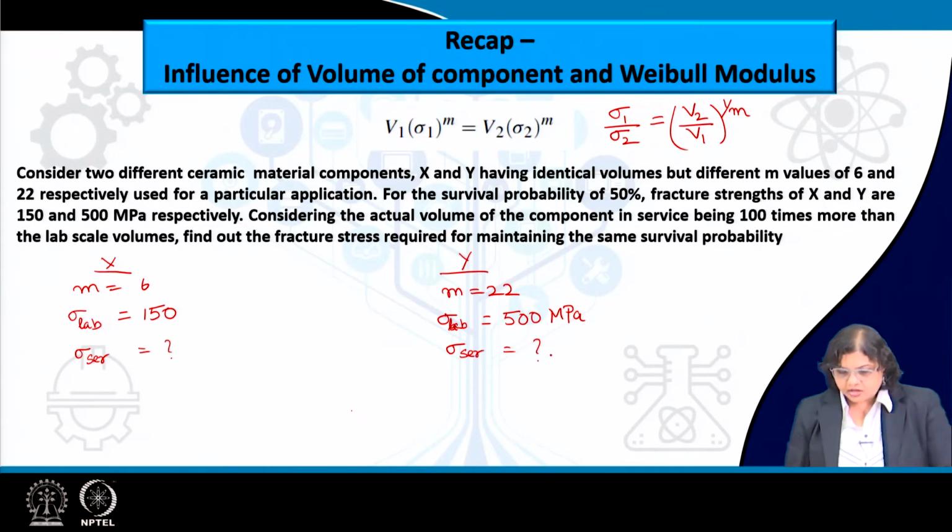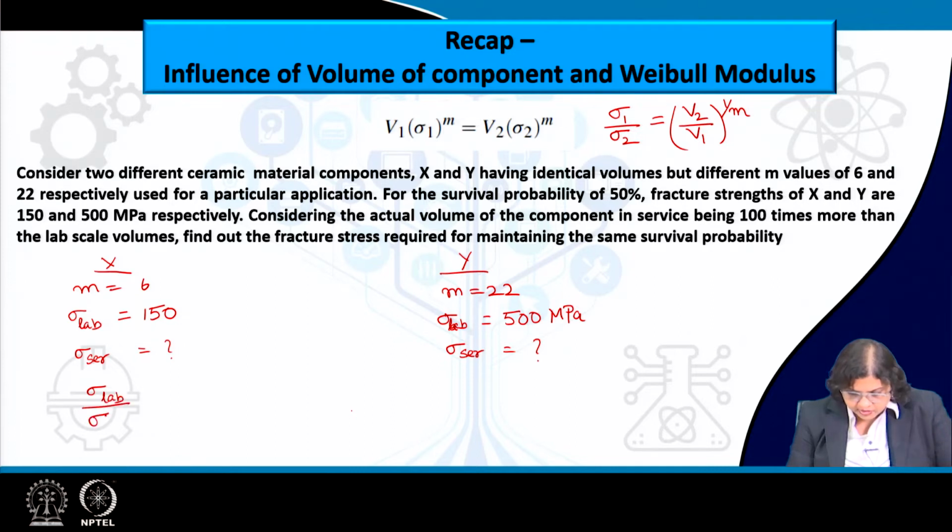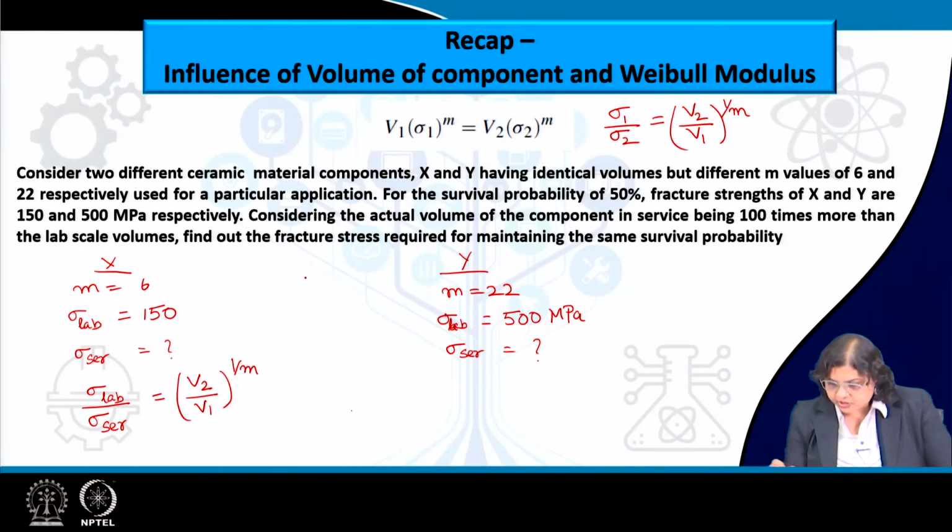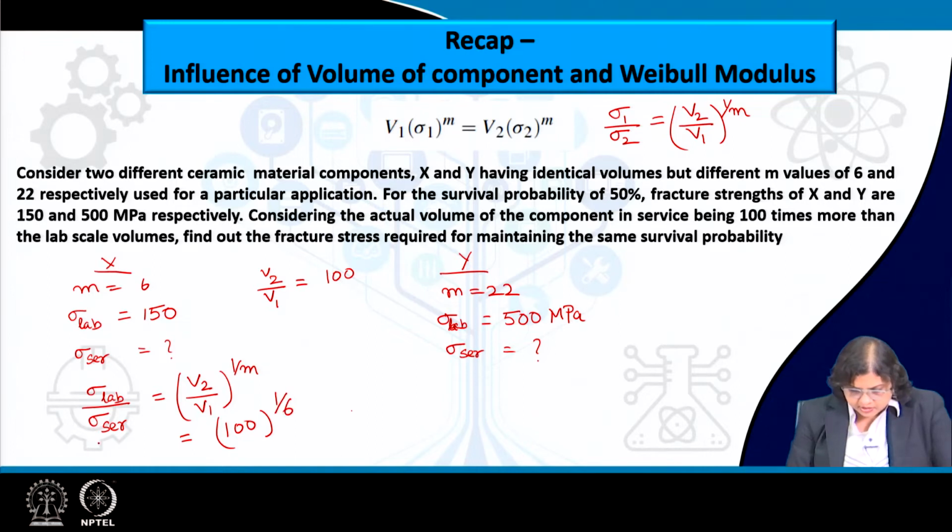So, in this case we need to use the relation: sigma lab by sigma service equals (V2 by V1) to the power of 1 by m, and we know that for both the cases V2 by V1 is nothing but 100. So, that makes this 100 to the power of 1 by 6, that is 150 by sigma service.